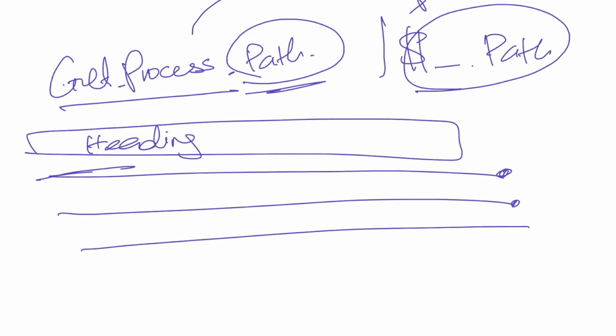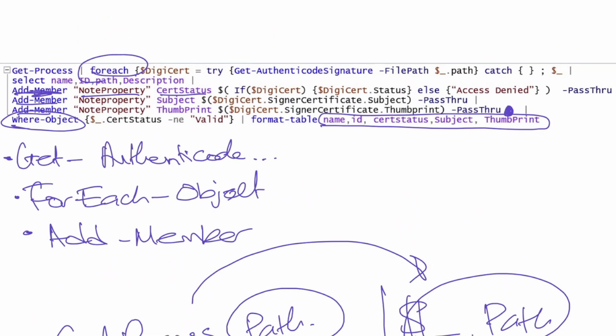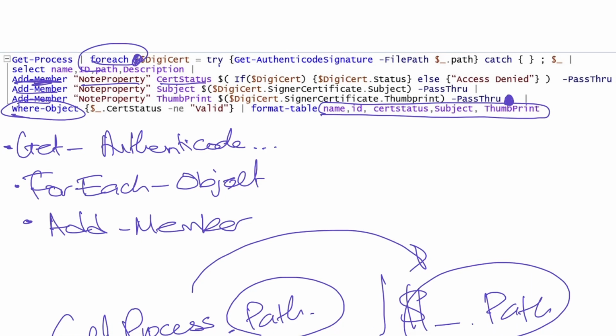For each of these objects, we are gonna perform whatever is within these curly brackets, whatever instructions we're gonna do for each and every one of them. So let's go through a simple example of how we can actually use ForEach.